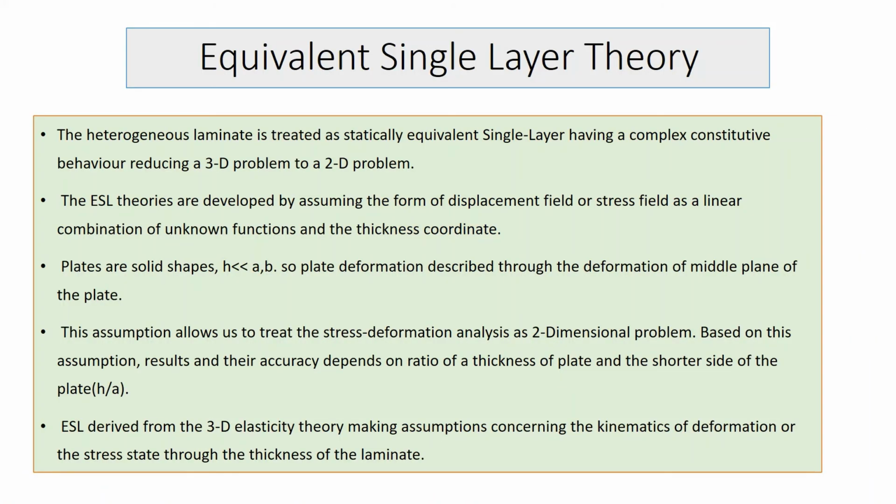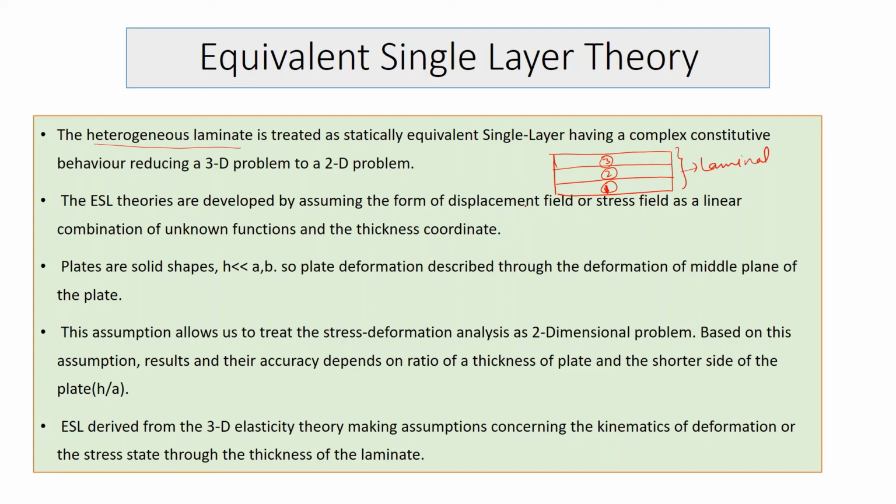So now some basics are given for the equivalent single layer theory: the heterogeneous laminate. Why is it called a heterogeneous laminate? Because this laminate is made of lamina 1, lamina 2, and lamina 3, and this complete stack is called the laminate.